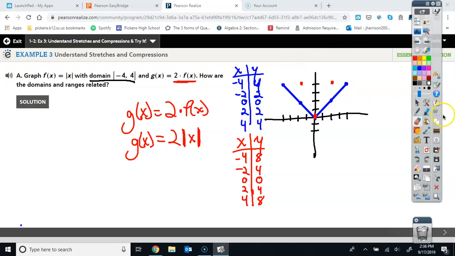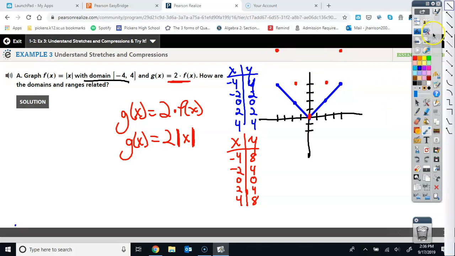I'm actually taking this graph and stretching the y value by 2. But notice what it does to the graph. It stretches the y value by 2, which means it makes this graph look skinnier.